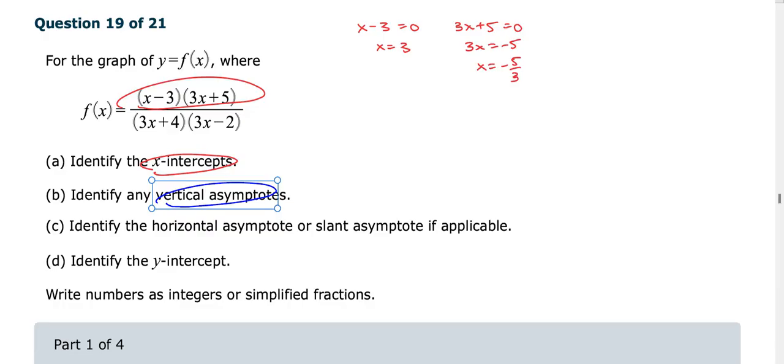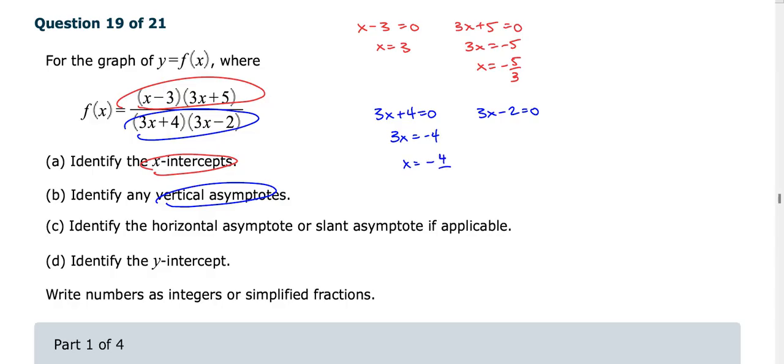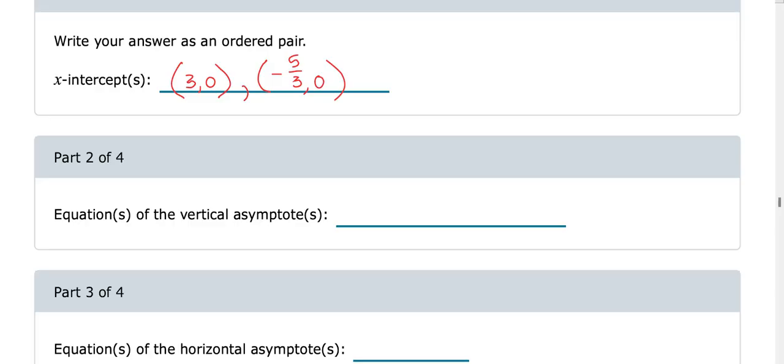And then to find vertical asymptotes, set the remaining stuff in the denominator equal to 0 and solve for x. 3x plus 4 equals 0, and 3x minus 2 equals 0. 3x equals -4, x equals -4/3. 3x equals 2, x equals 2/3. You have 2 vertical asymptotes. They are x equals -4/3, x equals 2/3.